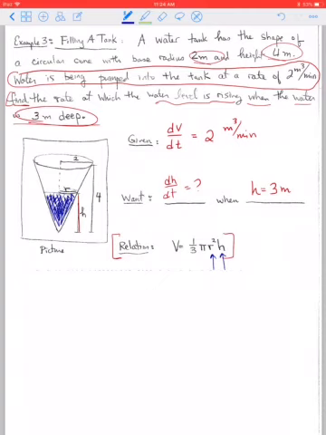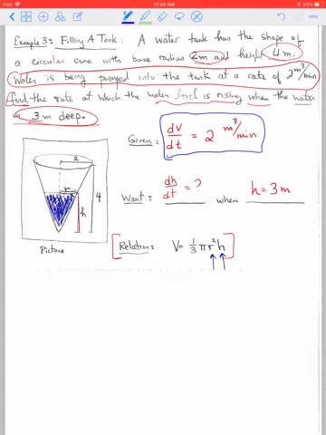If we're going to apply the derivative, we're going to take d/dt of both sides. Obviously there's a V, an r, and an h. We know dV/dt, that's up here, and we want to know dh/dt. But we don't have any information about dr/dt, so that's going to be a problem.